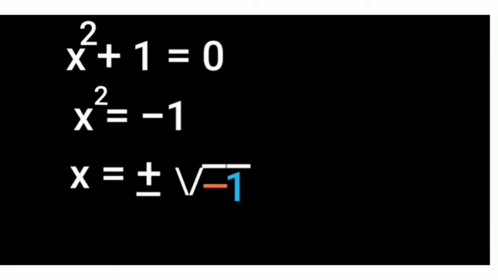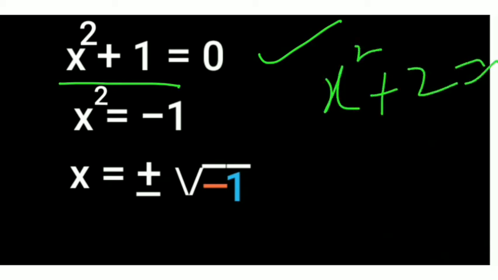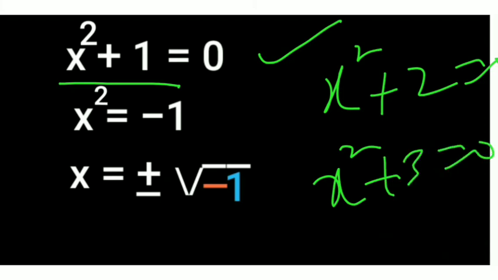When we see this type of question, what does it mean? x square plus 1 equal to 0, x square plus 2 equal to 0, x square plus 3 equal to 0, x square plus 4 equal to 0. This type of question will always give a negative number under the square root.